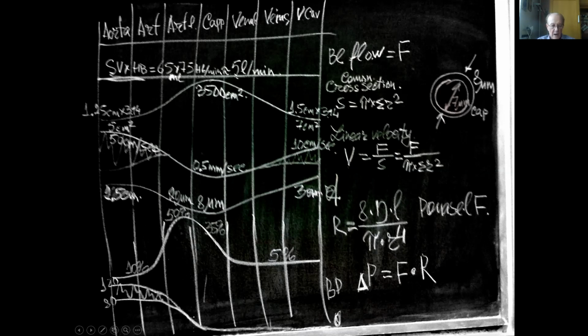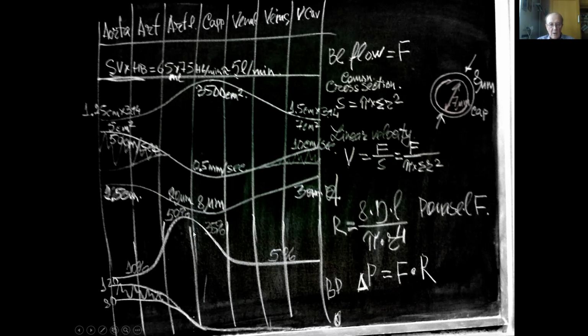In this curve, I present to you the vascular resistance in percent in different parts of the vascular bed. In the arteries, only 10% of the vascular resistance. 50% in the precapillary sphincters, the small arteries and the arterioles. A little bit less in the capillaries.